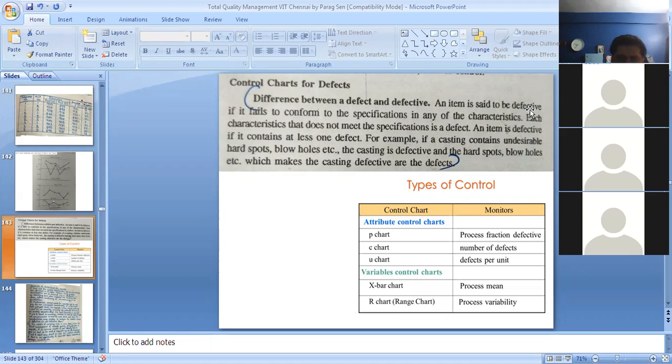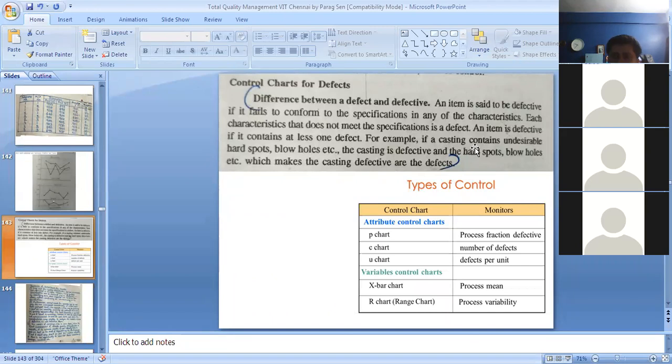So a defect is defined as when you get some data point which is beyond your specification limit. And if any item has at least one defect, then it will be treated as a defective item.